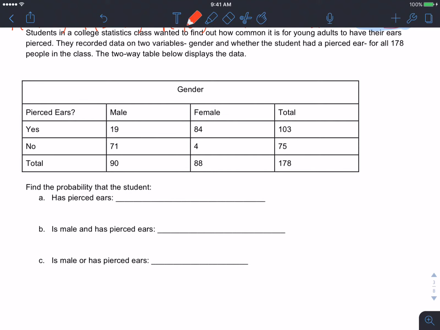There is a total of 178 people. I get that from there, and I see that for pierced ears, I have 103 say yes and 75 say no, but I'm just interested in this 103 because I do want pierced ears.